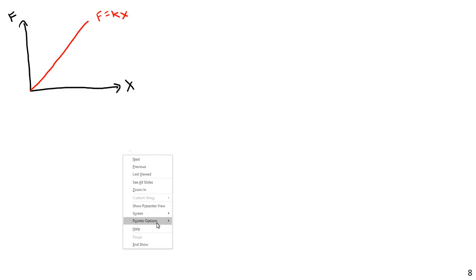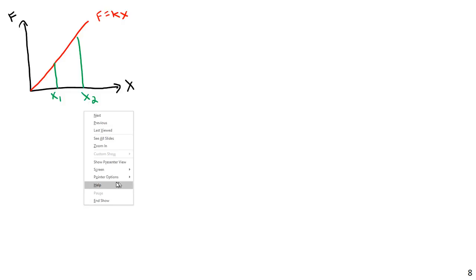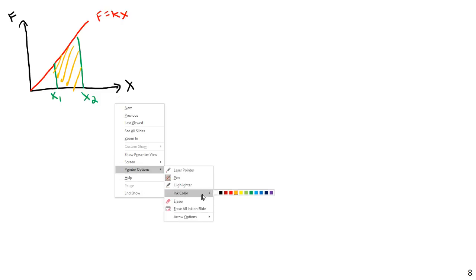And I would have two points, 1 and 2. So let's say I have x1 and x2. And of course we would be trying to find the area under this curve, because that would be our work. This would be our work. And we would have f1 and f2.